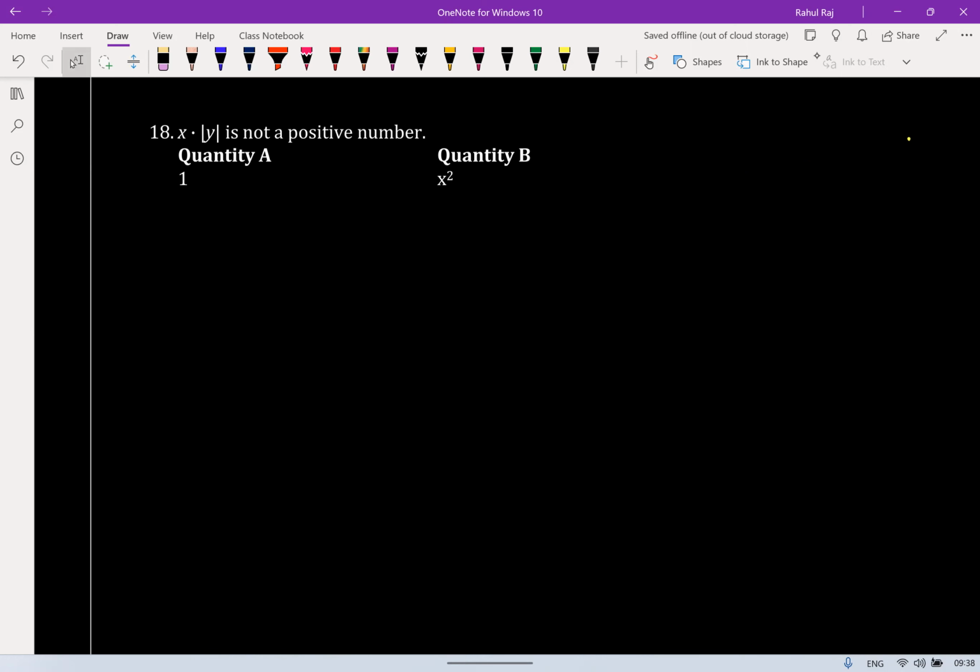So here, x into mod y is not a positive number. So you can assume x is negative, because mod y will always be positive. Means x into mod y is either 0 or negative.